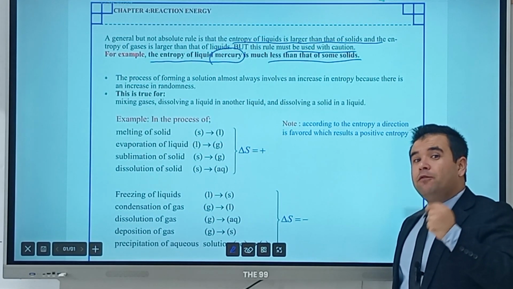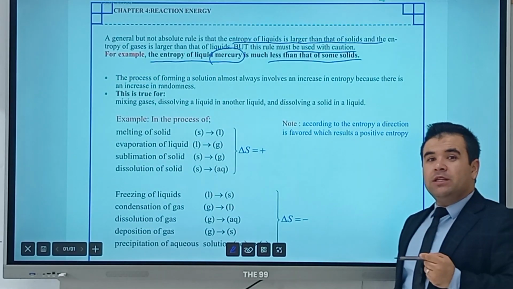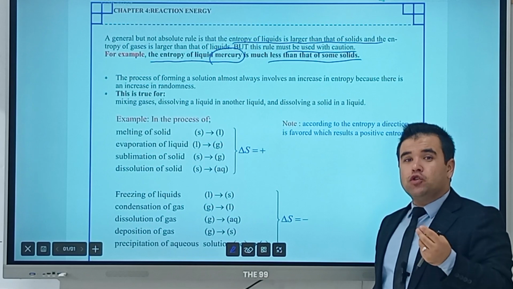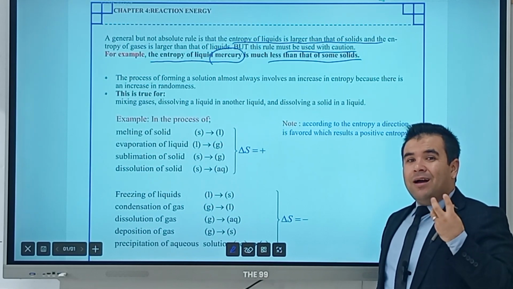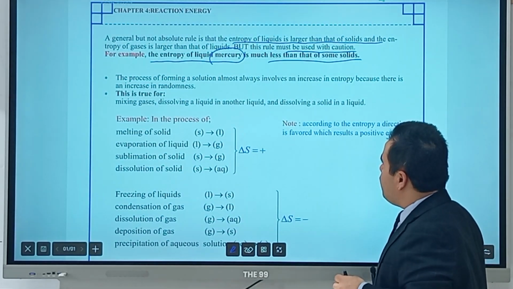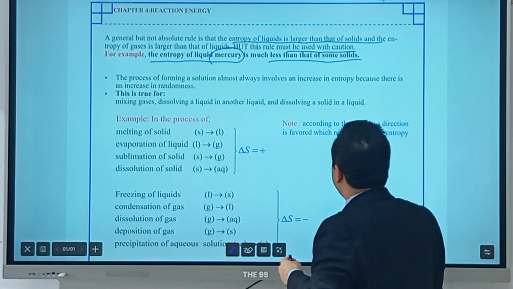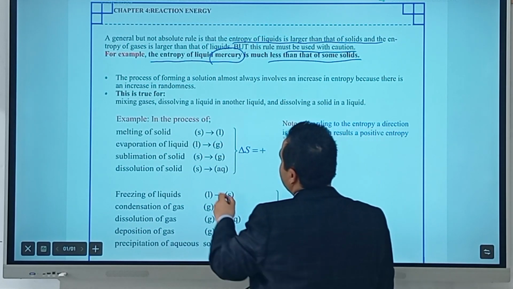Another note about the formation of solutions. Usually the formation of solutions, or mixing between mixtures, forms a process that has a positive entropy, or increases the entropy.